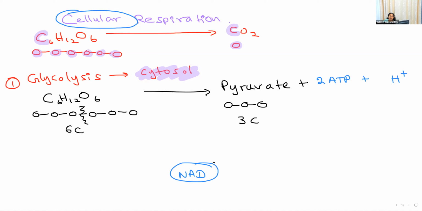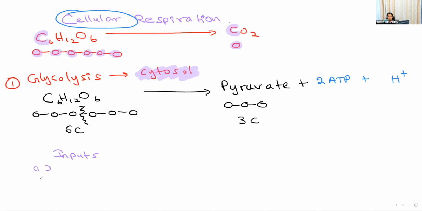So can you use NAD and grab the high energy proton? This proton is created by the splitting of glucose, and then write down only the loaded version, right? Don't write the H plus, no need. Load the NAD with the high energy proton, and then write down inputs and outputs. What are the inputs and outputs of glycolysis?